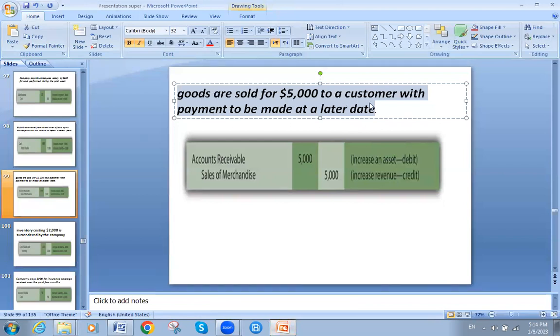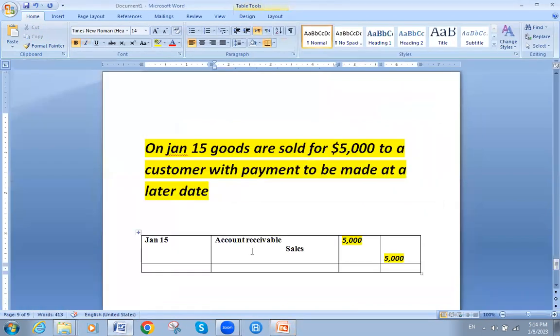Goods are sold for 5,000 to a customer whose payment is to be made at a later date, from accounts receivable to the sales. You can write off merchants or not, it's not a big deal. So from account receivable to the sales. And like I told you before, you can write ACC REC, meaning account receivable, into the sales. Notice that the sales will always be on the credit side.